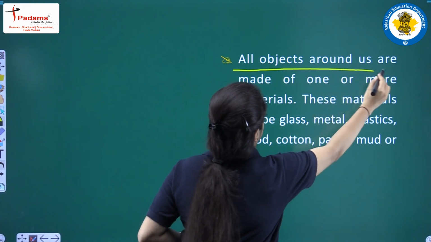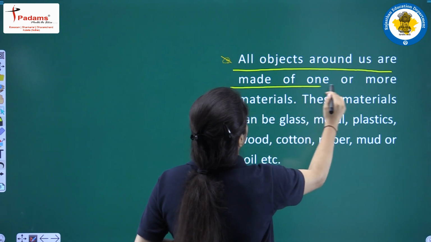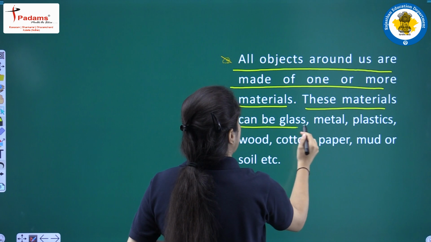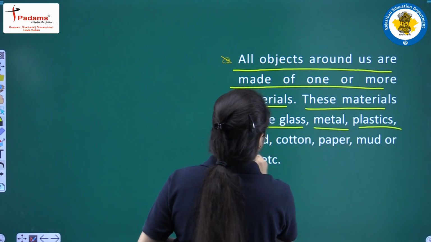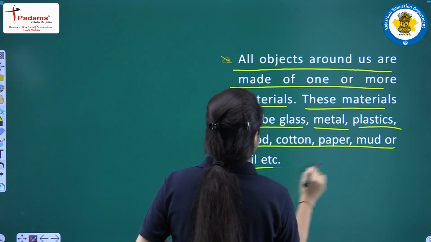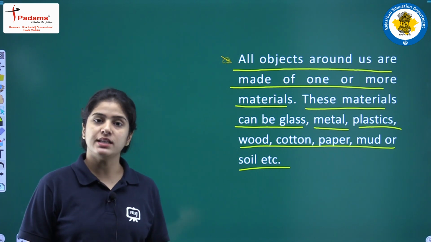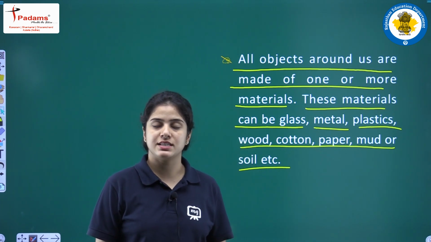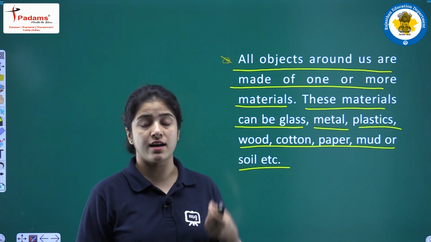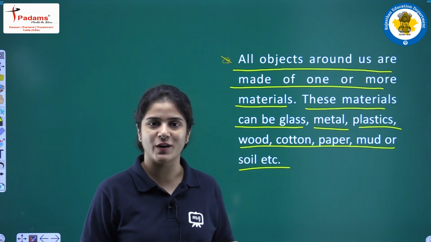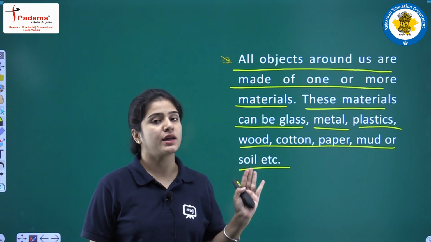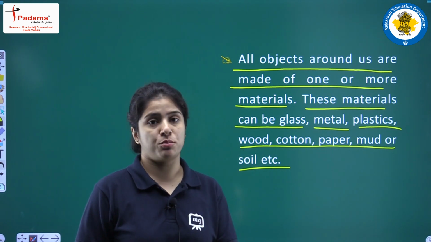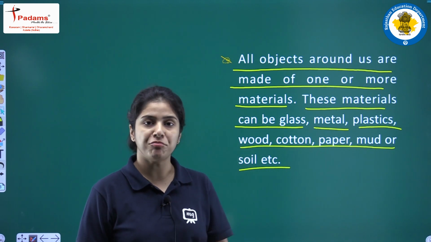All the objects around us are made up of one or more materials. These materials can be glass, metal, plastics, wood, cotton, paper, mud or soil, etc. So this was all about objects and materials. Materials make objects and objects are made up of materials.